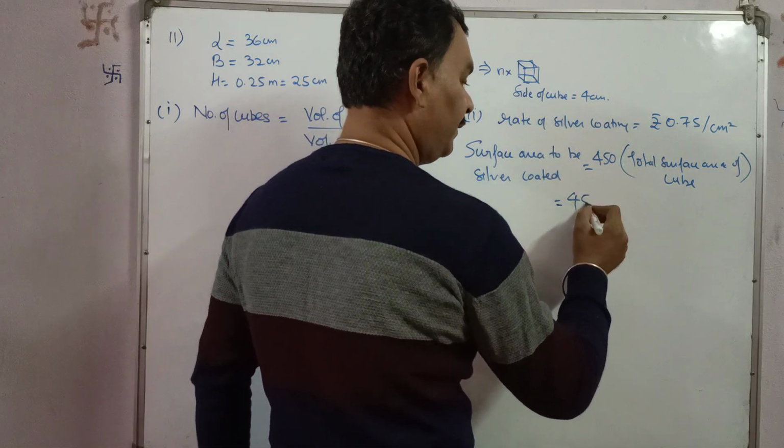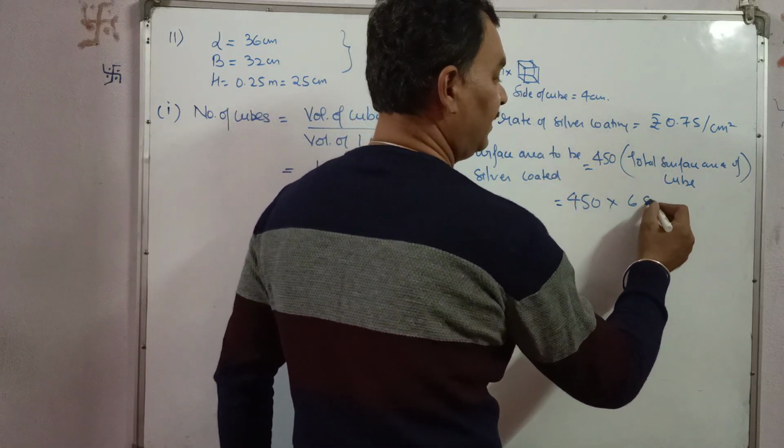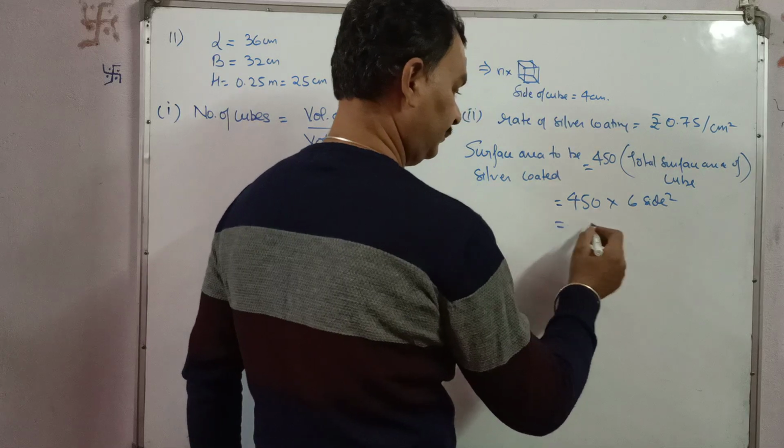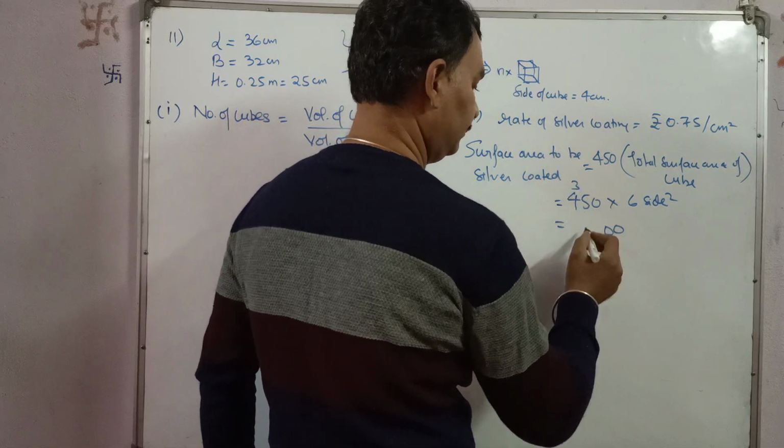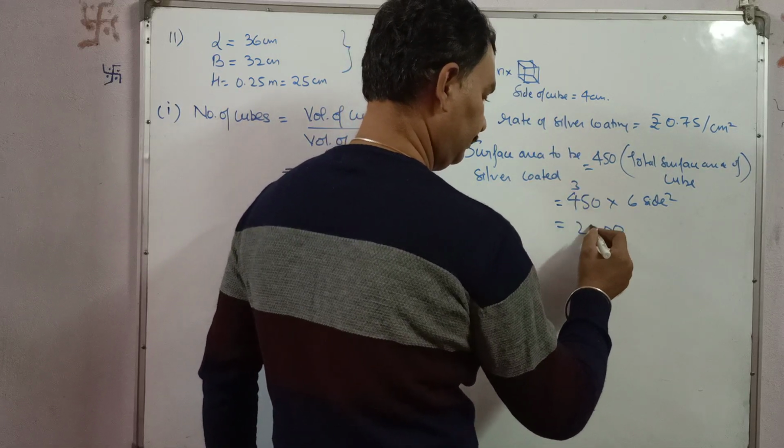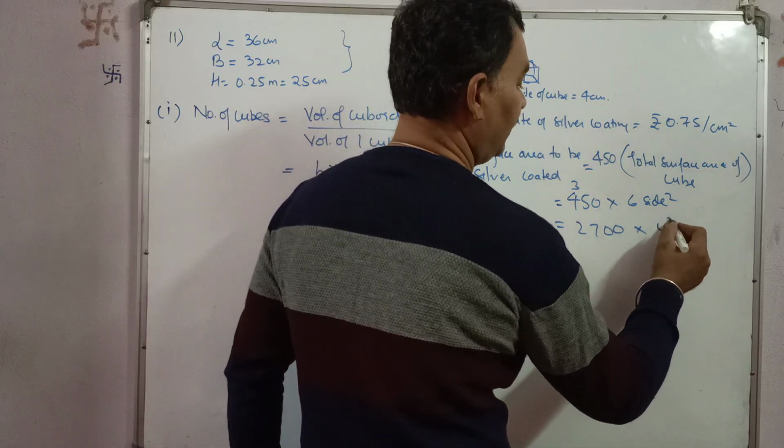So 450 into 6 side square, side square, that is 4 square.